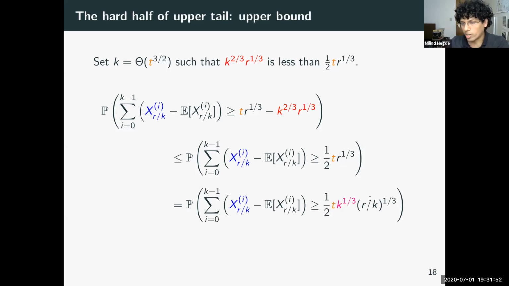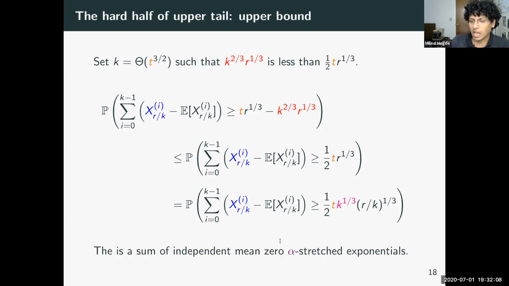So now, if you ignore this scaling factor over here, you have a sum of independent mean 0 random variables, all of order 1, essentially, if you take the scale to the left-hand side. And they're also all alpha stretched exponential random variables. They all, by assumption, have this alpha decay in the tail.